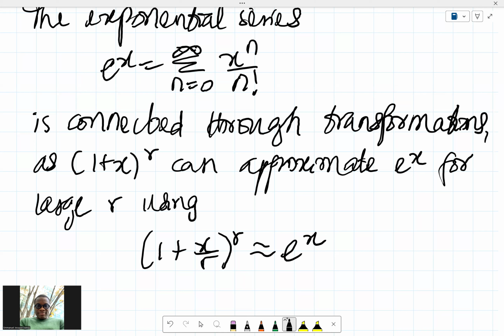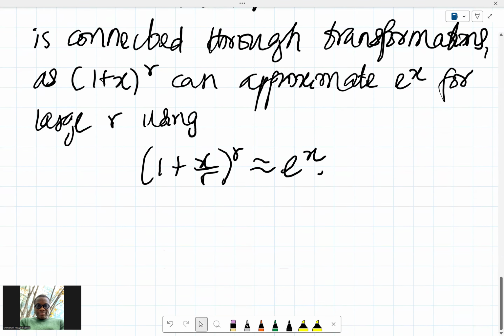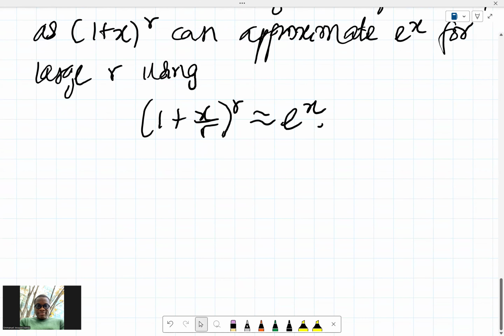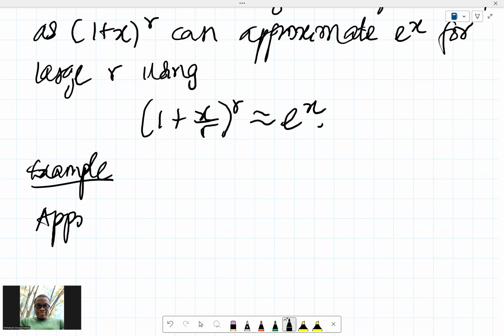Okay, so we can use that idea. So that's the connection right there. So a very good example will be this example. Approximation of e.